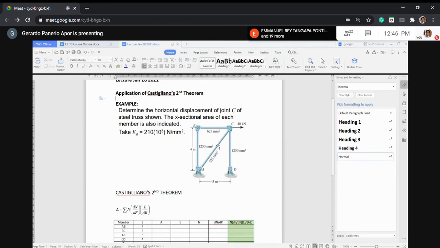Now, if a particular member is under compression, the change in length will be negative, meaning it shrinks a little. There is a shortening of the length of the member, but that shortening will depend on how sturdy or how rigid the material is. If the member is made of weak material, it could deform easily.